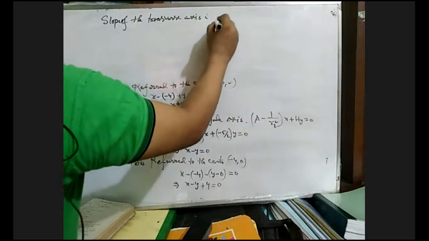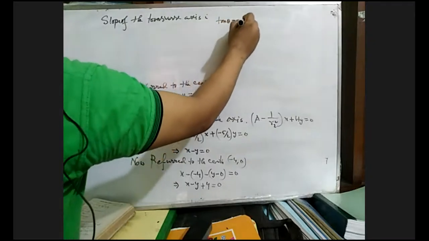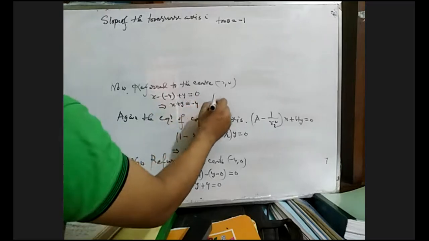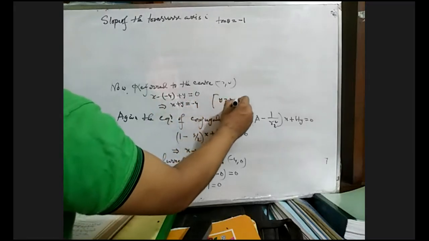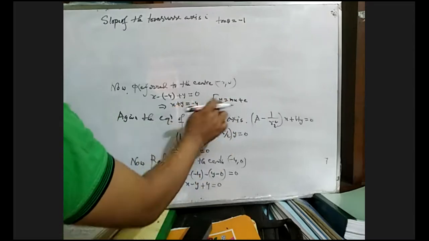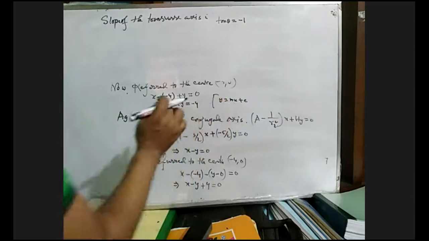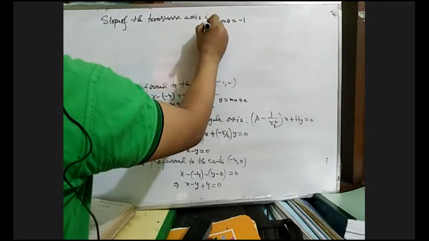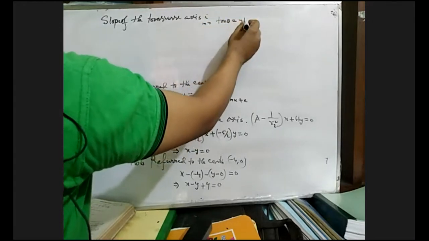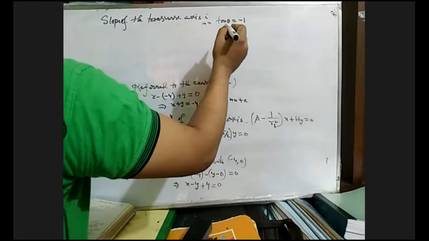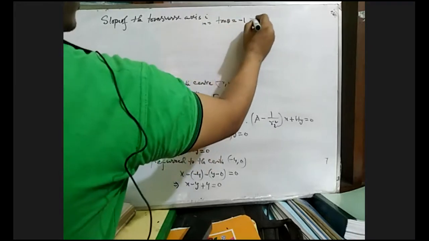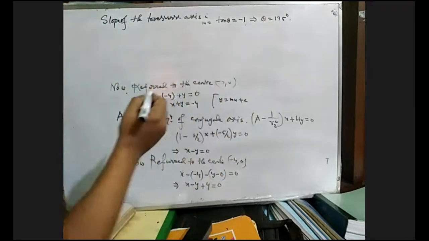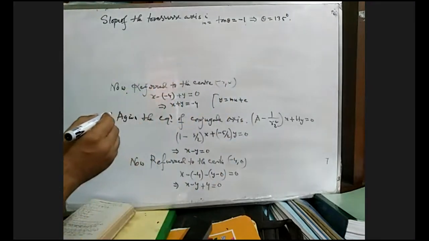Tan theta equals minus 1. Slope: y equals mx plus c. If we arrange it like this, then m equals minus 1. So tan theta equals m equals minus 1. Minus 1 in how many degrees? Actually theta equals 135 degrees. From the calculator you can calculate.